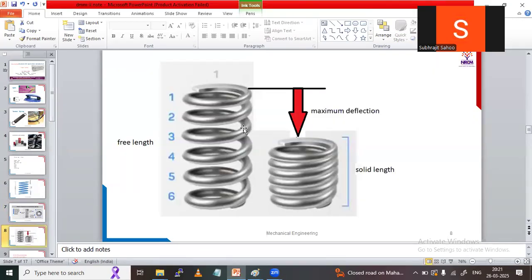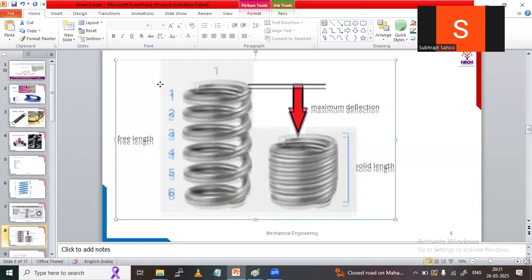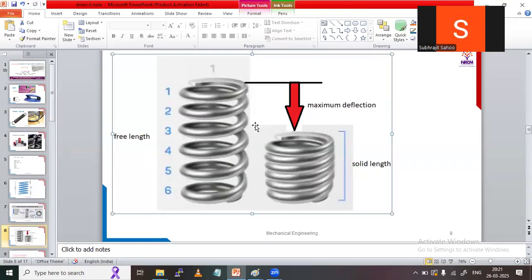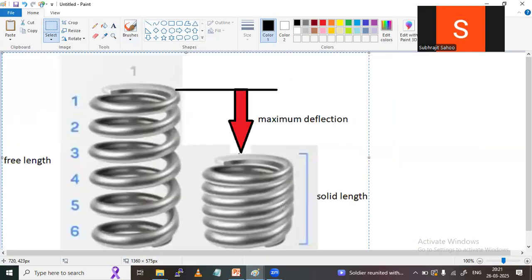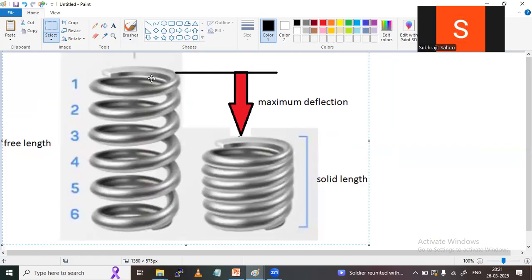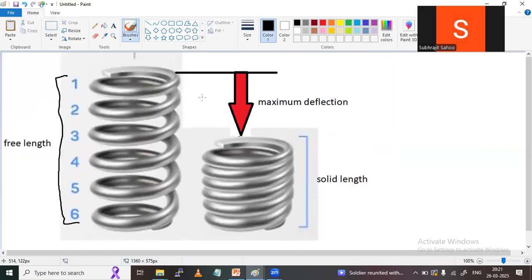Here, see. Now this is the free length, and load is applied to this free length. This load is applied, and this spring is squeezed to this much length.